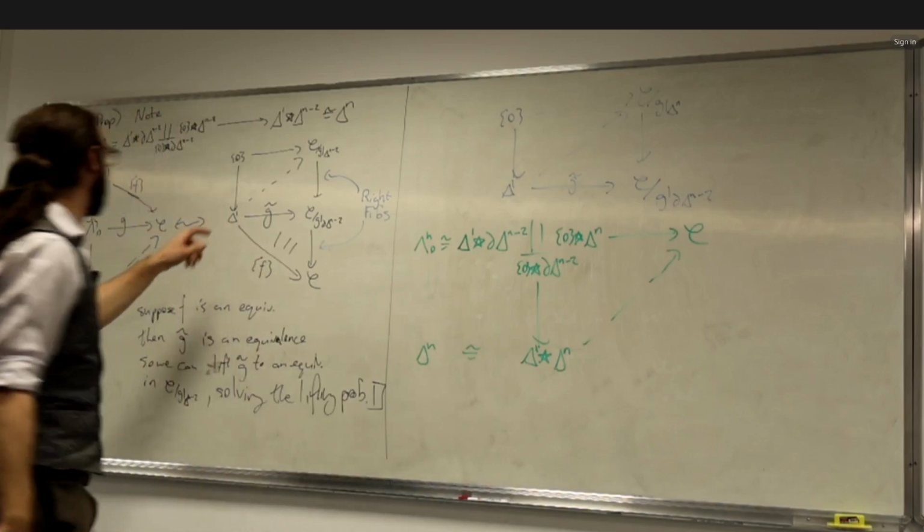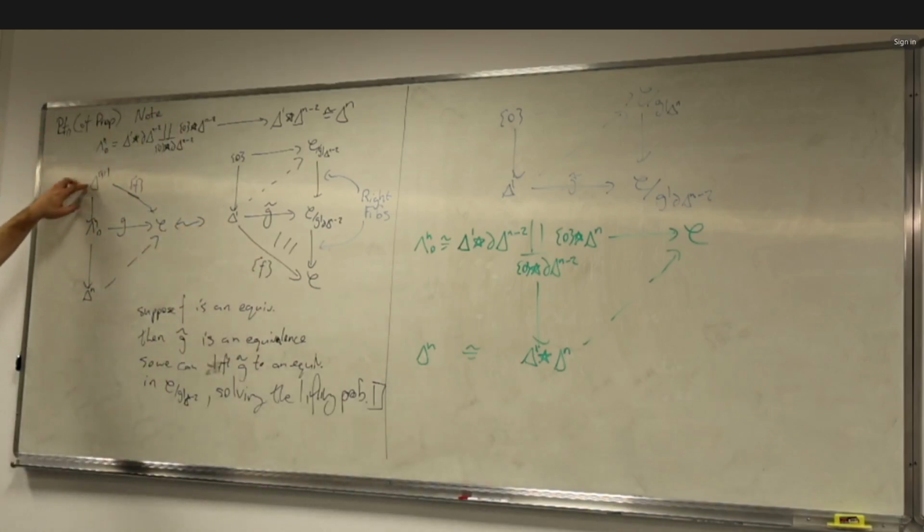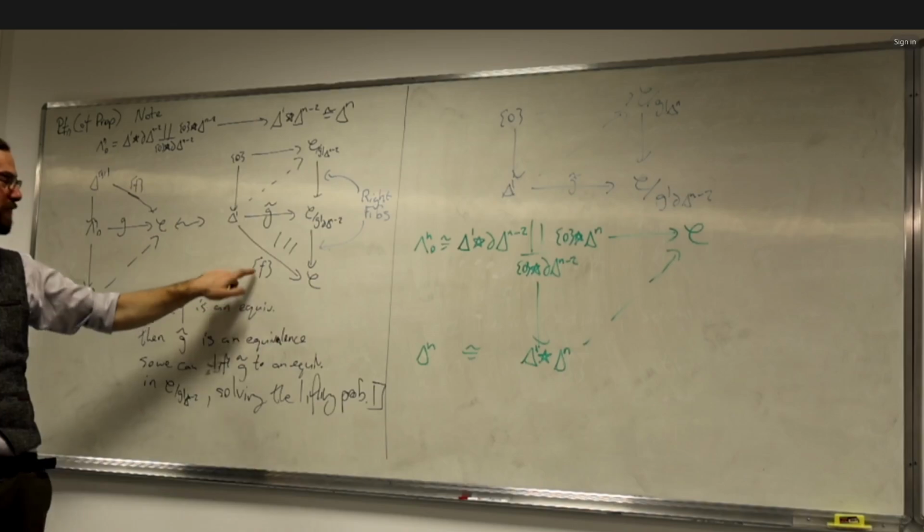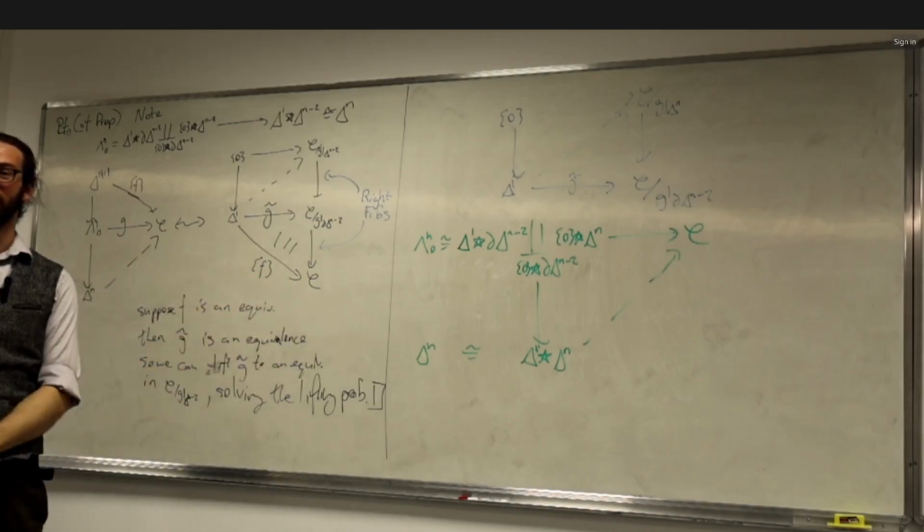And then similarly, untangling, you can see that restricting to this copy of delta 1 gives you f in C.